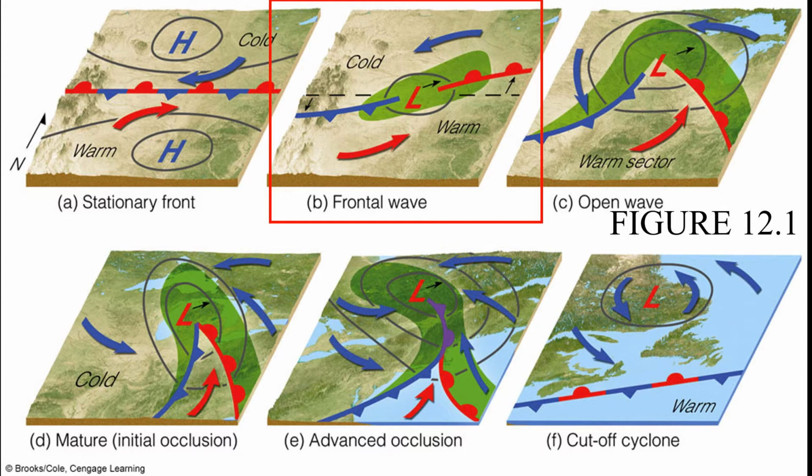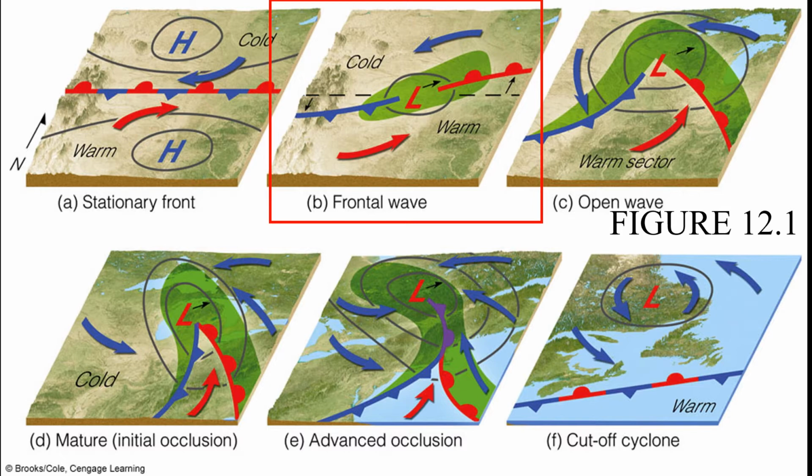Here you will see the cold front and warm front placed. Under the right conditions, a wave-like kink forms on the front. If you look at the picture, the wave form is known as a frontal wave, or incipient cyclone, the very beginning of the cyclone.